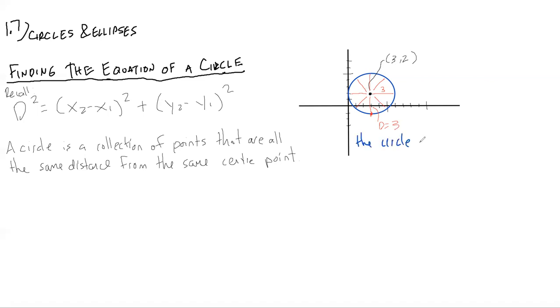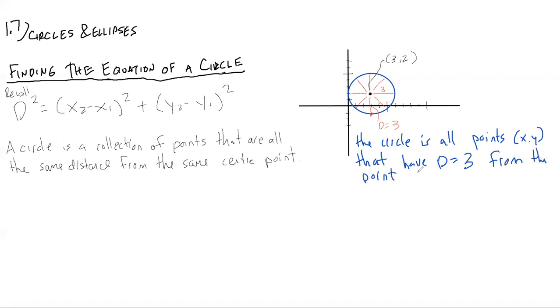So the circle is all, not x's, all x's and y's that have distance 3 from the point 3 and 2. And so we can actually just plug that into the formula.